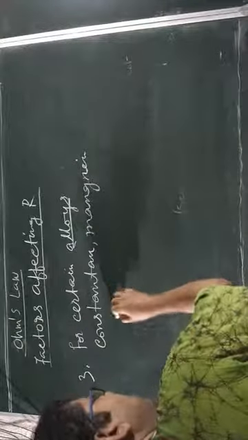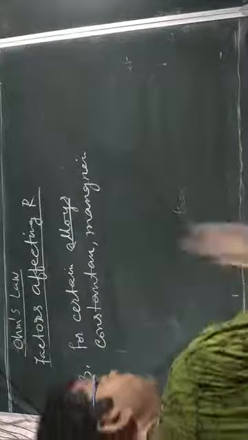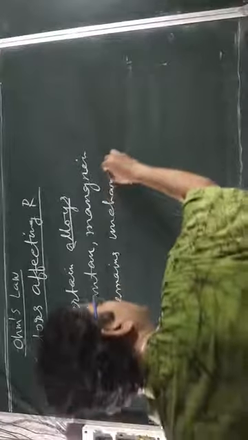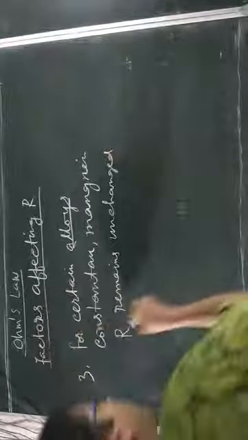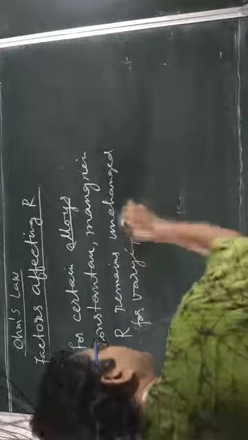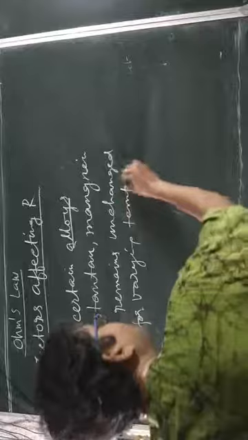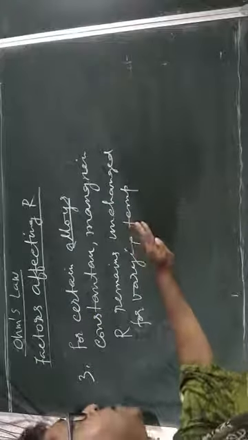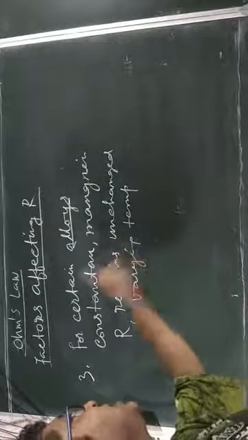For these alloys, when you increase or decrease the temperature, resistance remains unchanged, for varying temperature. That means the temperature has almost no effect on the resistance for these alloys.